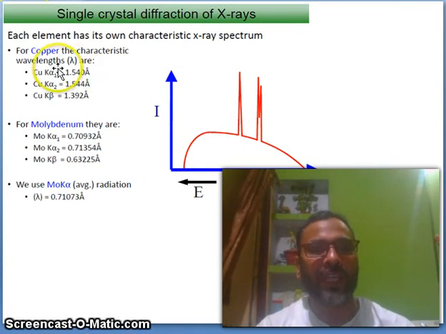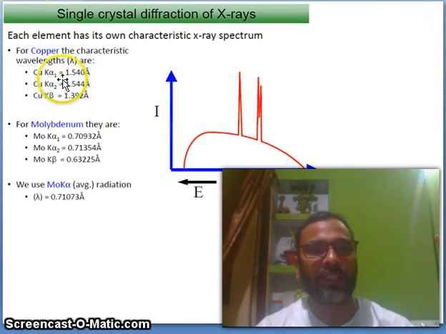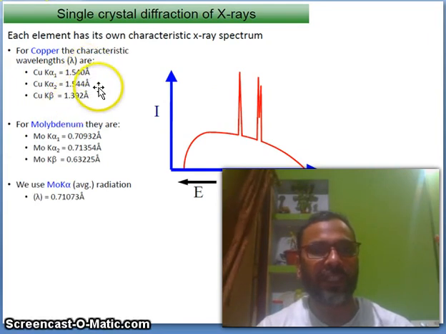For copper, the characteristic wavelengths are copper K alpha 1, K alpha 2, K beta. What is K beta? M to K, K beta. What is K alpha? L to K, and K alpha 1, K alpha 2. And this is 1.5, 1.5, 1.3 in angstrom.